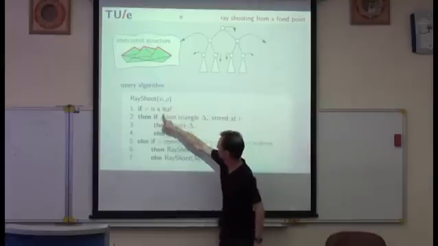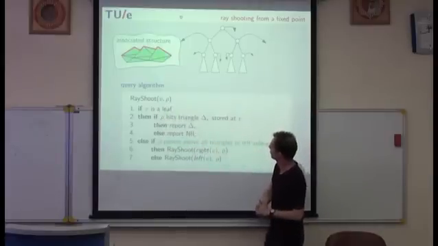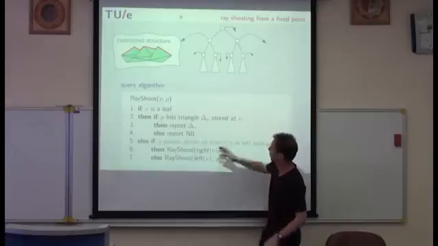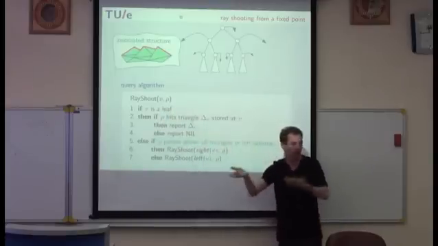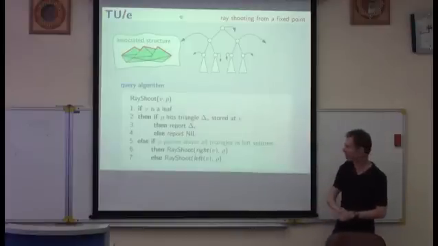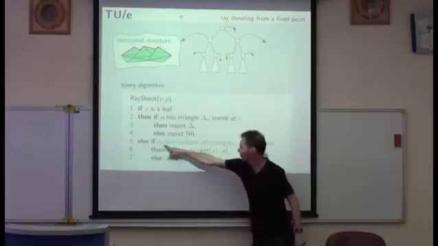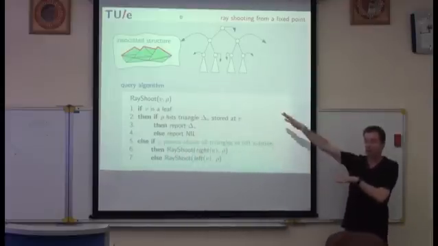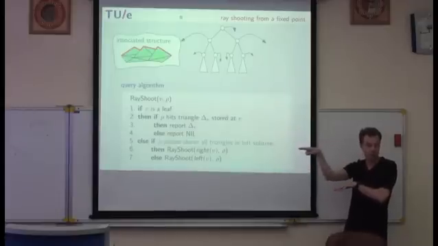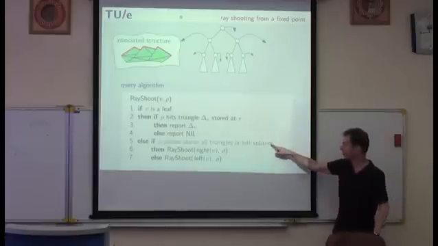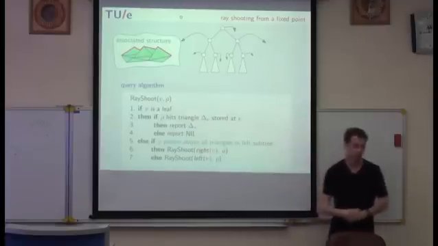If my ray hits... when you're at the leaf, then you simply check the triangle and report it if necessary. Otherwise, you check if this ray passes above all the triangles by doing binary search in this upper envelope, log n time, and then depending on the outcome, you go to the left subtree or the right subtree.